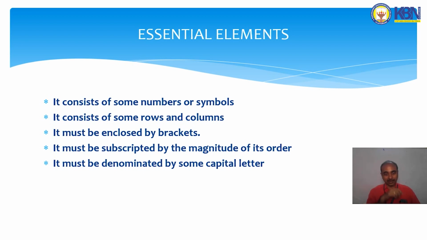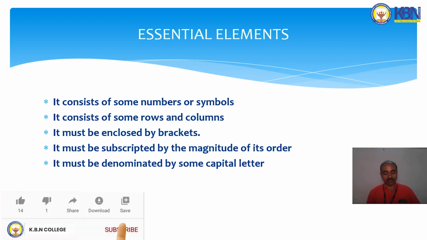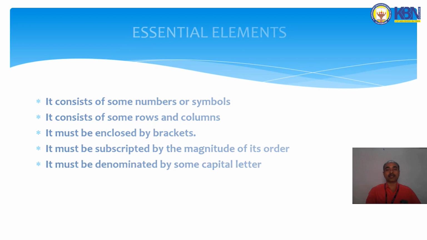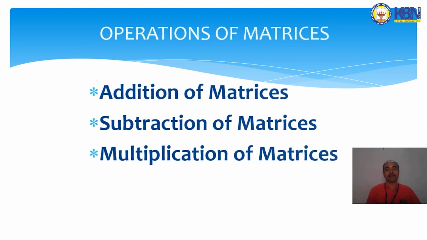Likewise, in set theory, it must be denominated by some capital letter A, B, C, or D, etc. Without proper denomination, any orderly arrangement of numbers or symbols will not be called a matrix. Besides, the horizontal lines and the vertical lines in which the elements stand orderly placed are respectively called rows and columns of the matrix. This is what the essential elements of matrices are.